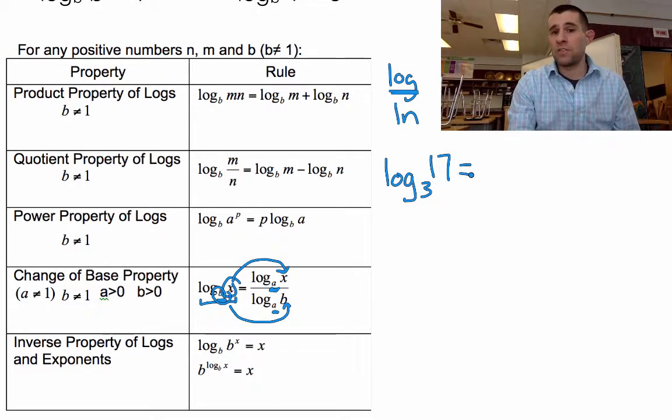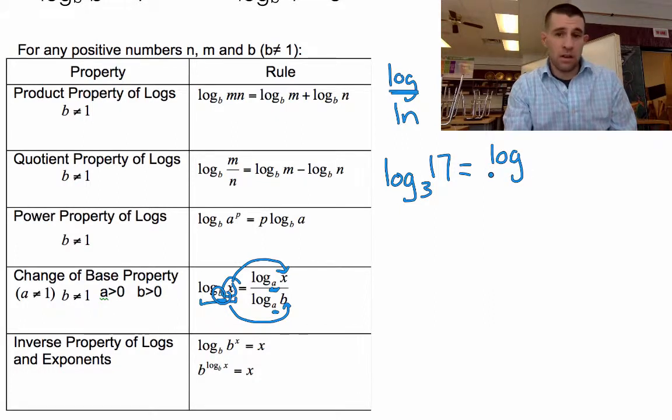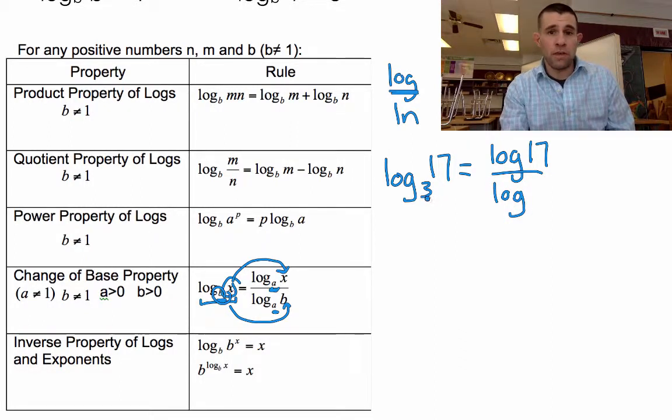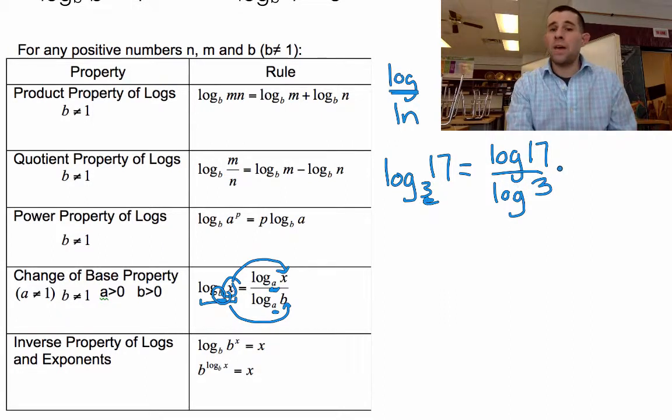I can apply the change of base formula, which says I'm going to take now the common log of 17, and that's going to go in the numerator, and divide that by the common log, which is log base 10, of my old base, which is 3, and that goes in the denominator. Now I can simply punch that into my calculator and find out whatever the power is that I would raise 3 to in order to get 17.